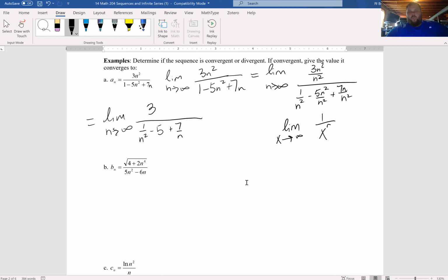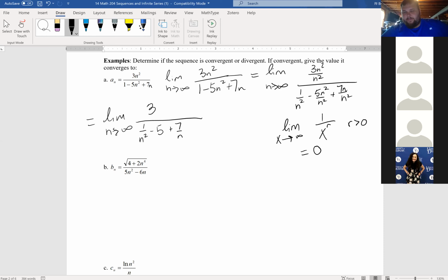So if I have something that's 1 over x to a power, and said power is positive, then if x is getting really big, so is x to that power, and therefore 1 over really big numbers tends towards 0. Is that ringing a bell or make sense to everybody? Yes, it does make sense. Okay.